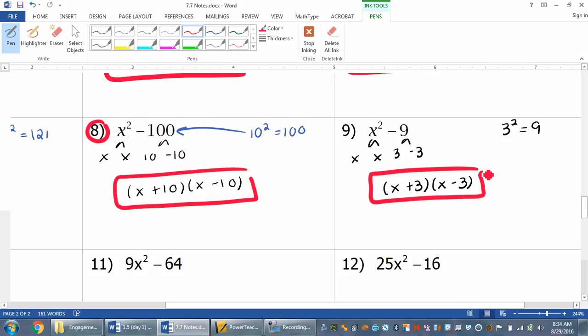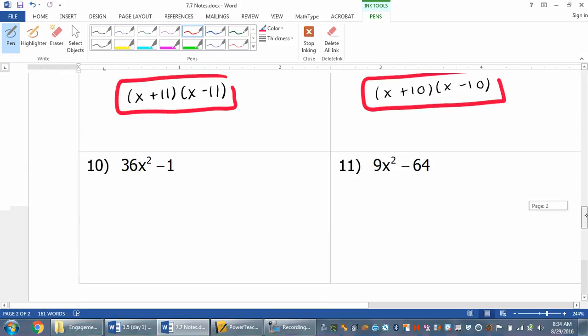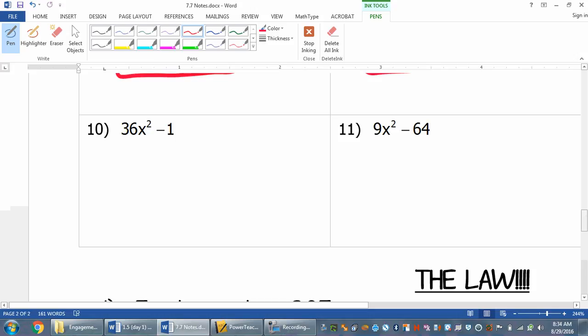All right, let's get a little bit tougher and move on to 10. You recognize now I don't just have x squared, I have 36x squared. Recognize that 36 is a perfect square as well, because 6 squared is 36. So I'm actually going to break up 36x squared as 6x and 6x.